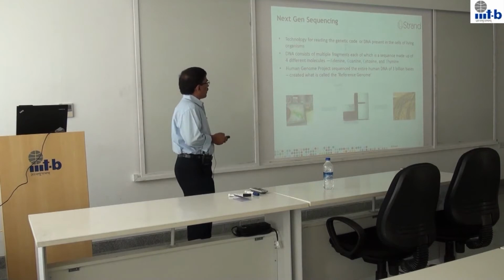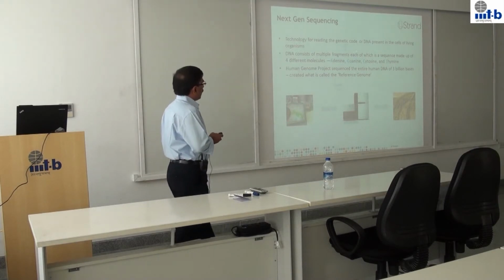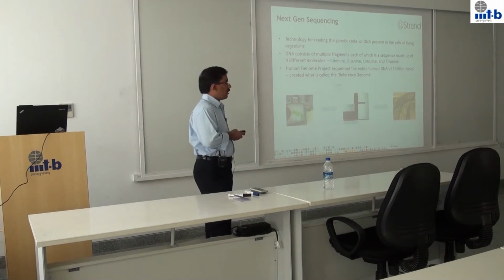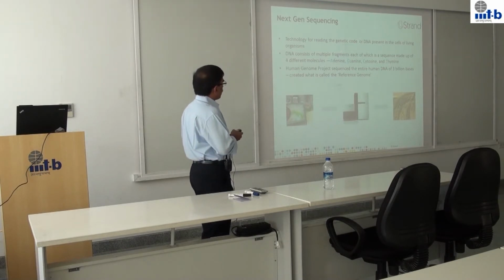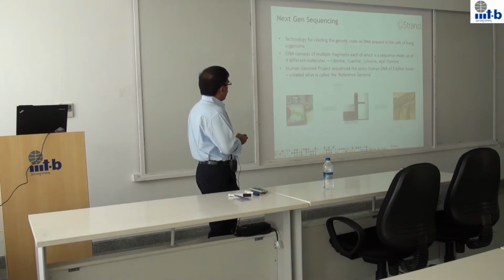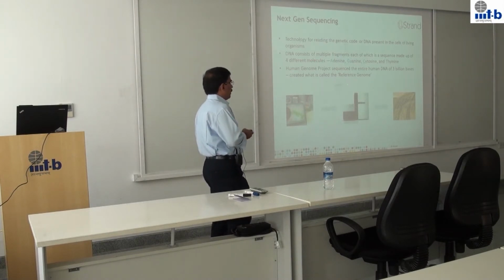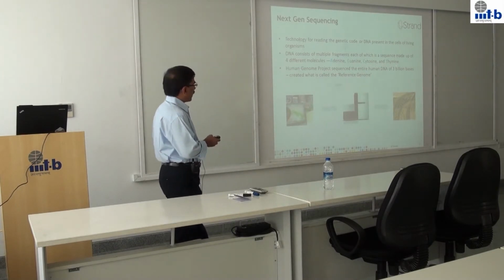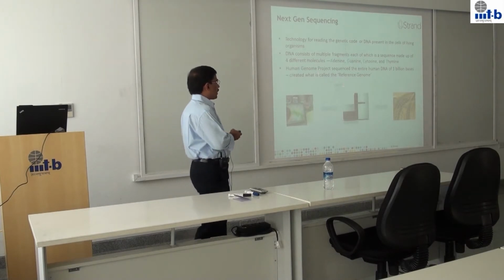So we all know that the DNA present in the cells contains the genetic code, and they are sequences of 4 different molecules, A, G, C, T. The Human Genome Project completed the sequence of the entire genome, and we know that we have 3 billion bases in the genome, and they have created what is called the reference genome.